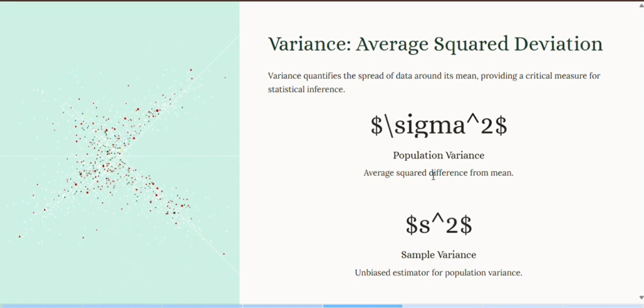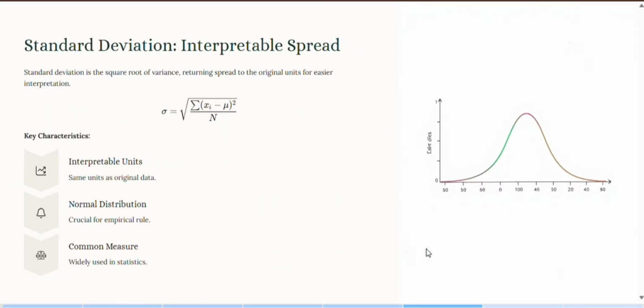Now what standard deviation is: interpretable spread. Standard deviation is the square root of variance, returning spread to the original units for easier interpretation.